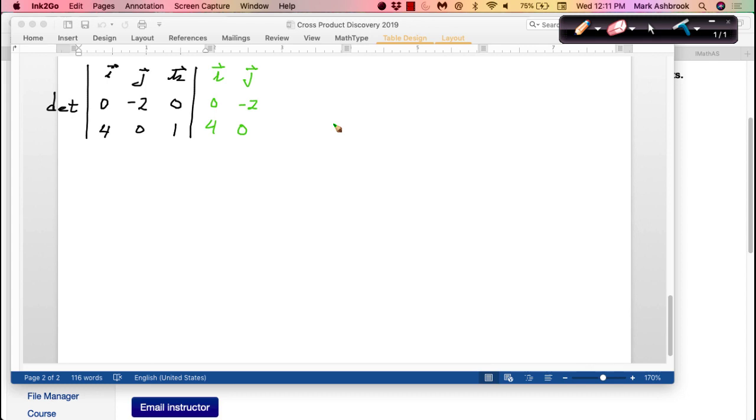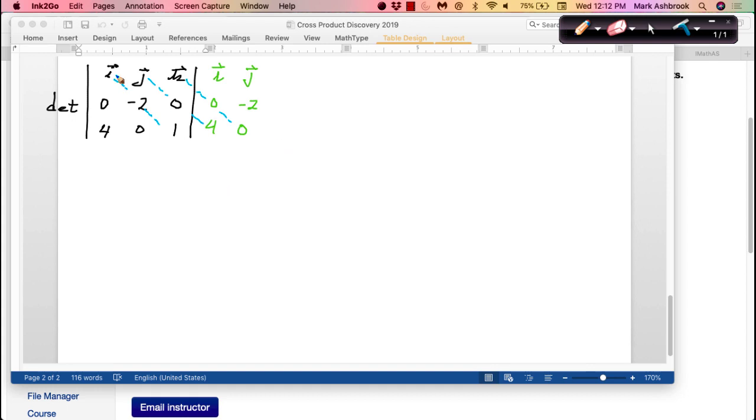And then now there are 3 diagonals down to the right of 3 values. So those 3 diagonals are, bringing out all the colors today. Here's the first, starting at i, going down to the right, starting at the j, second diagonal, starting with the k, I've got 3 diagonals down to the right. What I'm going to do is multiply down each of those diagonals and add those up.